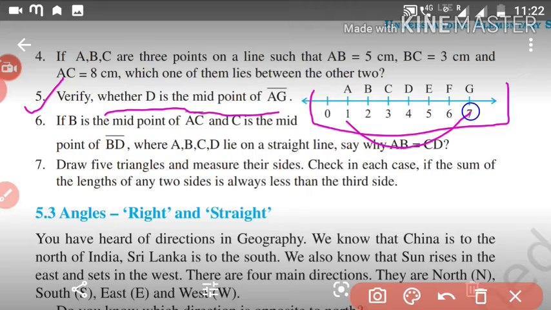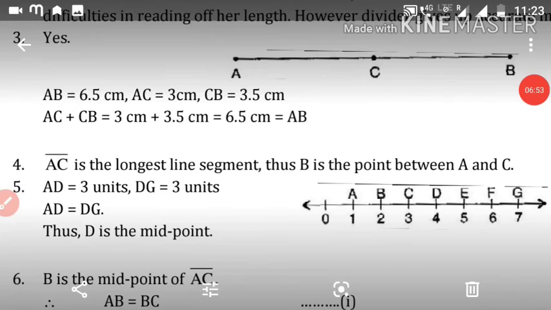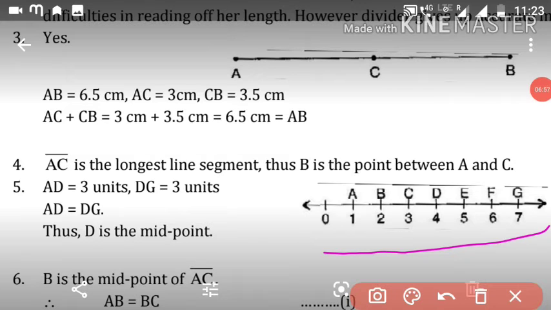So how will you verify that D is the midpoint of AG? This was the given figure, isn't it? I have made the figure in this way. Now what is the value of AD? AD is equal to how much? 3 units, isn't it? 1, 2, 3. So AD is equal to 3 units.